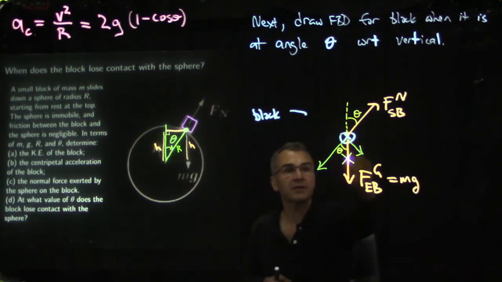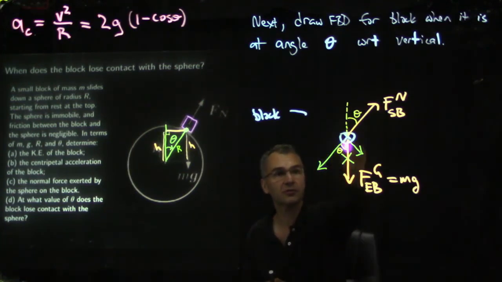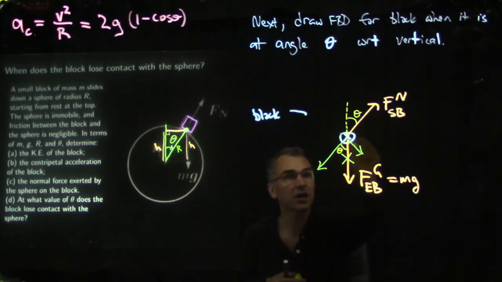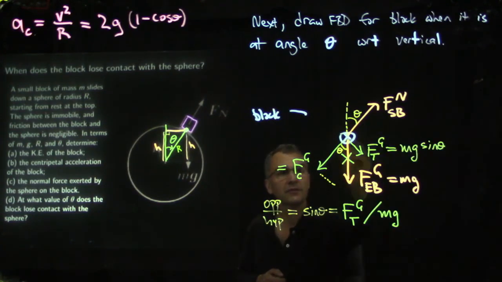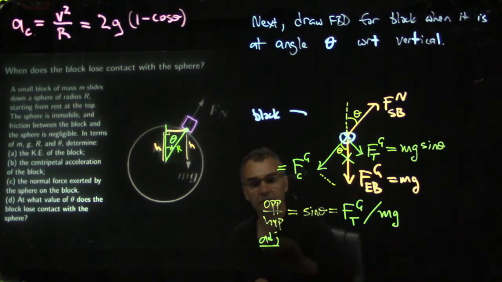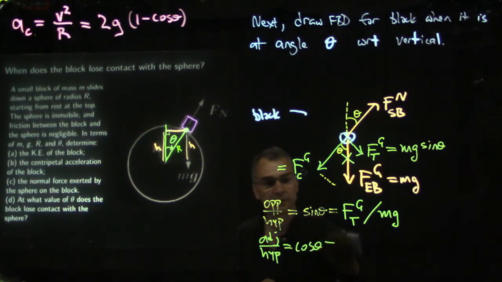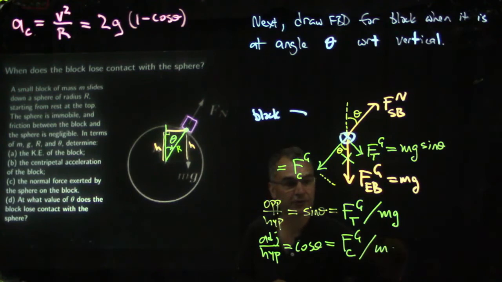So with respect to this original gravity line, if the gravity line is the hypotenuse, then this radial part of the gravity line must be mg cosine theta, since this is adjacent over hypotenuse. And then if we had a copy of this tangential part down here, this would be opposite over hypotenuse. So then this is adjacent over hypotenuse, which is the gravity centripetal component over mg.